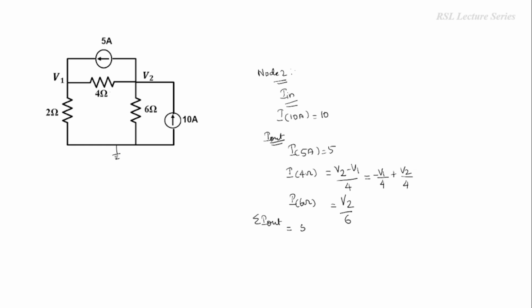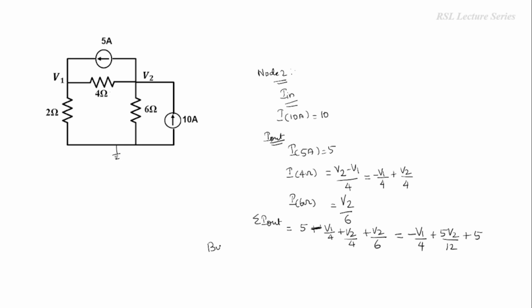Sum of the outgoing currents is equal to 5 minus V1 by 4 plus V2 by 4 plus V2 by 6. So this will be equal to minus V1 by 4 plus 5 V2 by 12 plus 5.